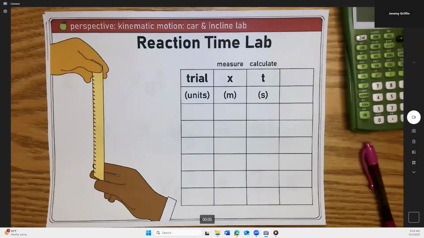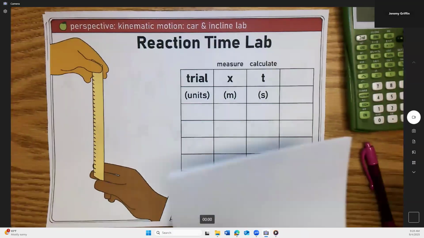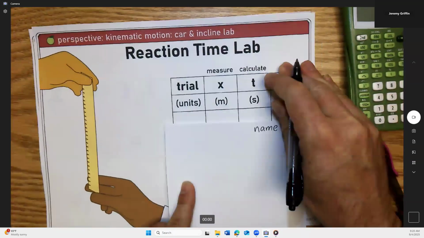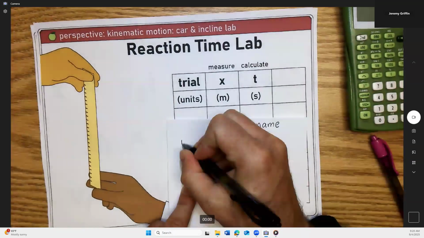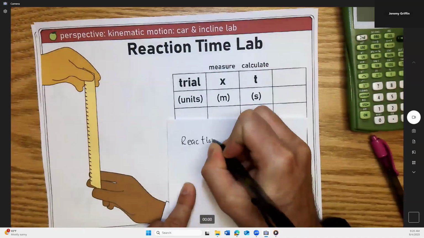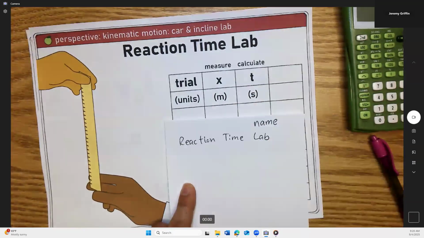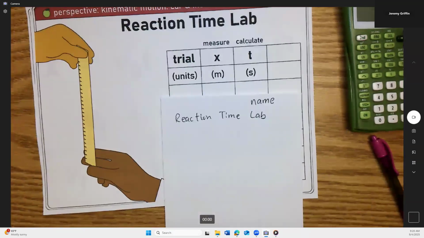You guys got that half page? Okay, write your name. You'll turn it in by the end of class. Call it reaction time lab. Then let's make this table.